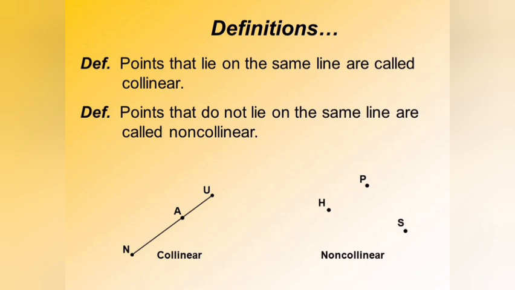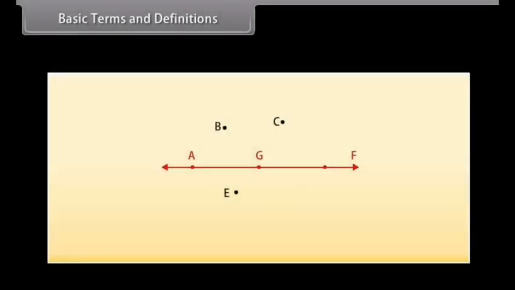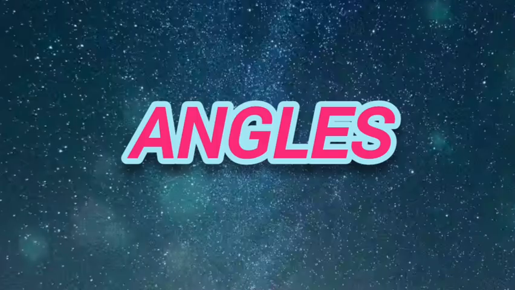Points that lie on the same line are called collinear points, and points that do not lie on the same line are called non-collinear. We also know that if three or more points lie on the same line, they are called collinear points. Here, A, G, F are collinear points, and points B, C, E are non-collinear points.